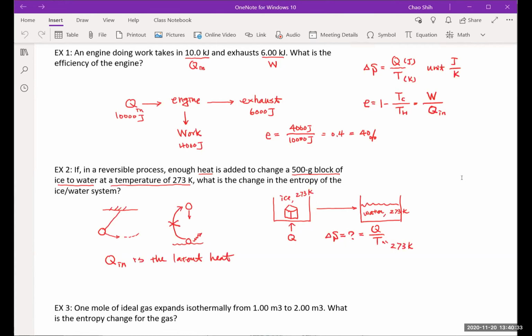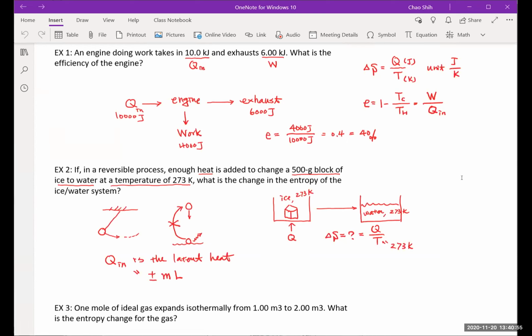And because it changed phase, it is the latent heat that you need for the calculation. So how do we calculate latent heat? Well, the heat is equal to plus or minus the mass times the latent heat.